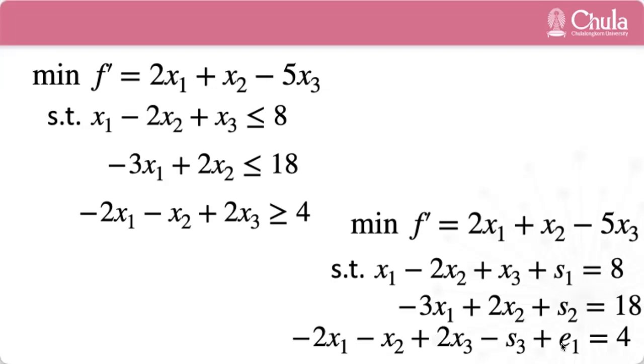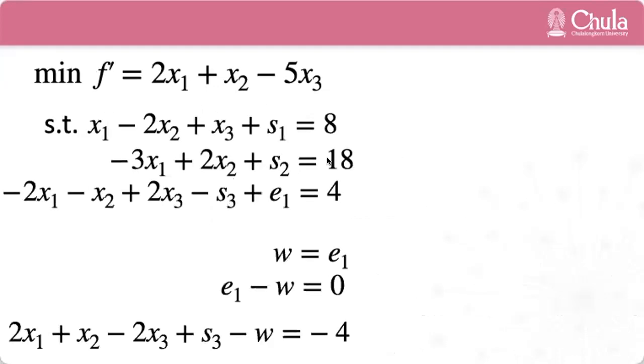This is a condition, in artificial variable, which is a condition for the two-phase algorithm. So we write down again, our W is only E1 because we have only one artificial variable. W is E1.